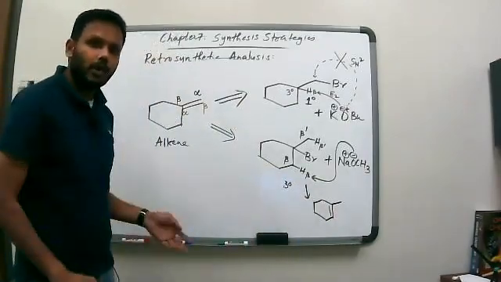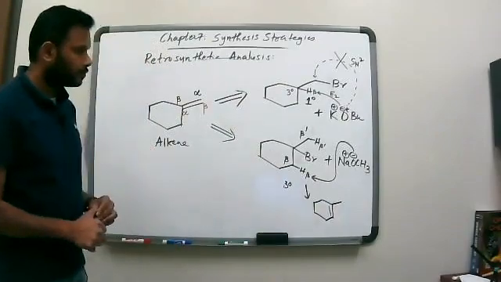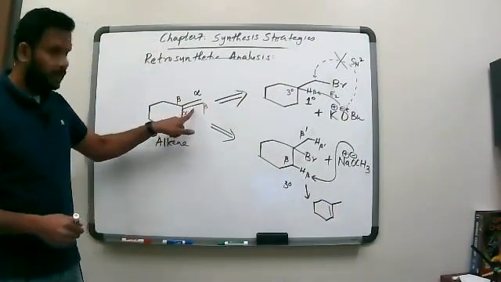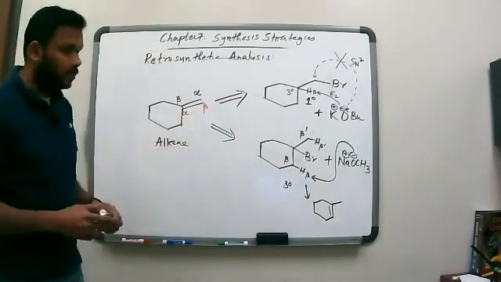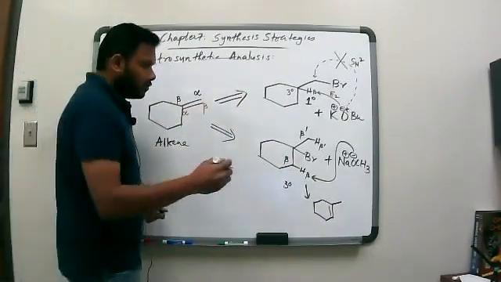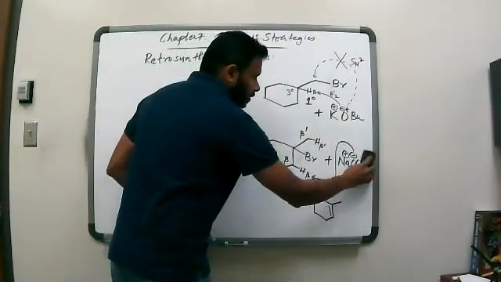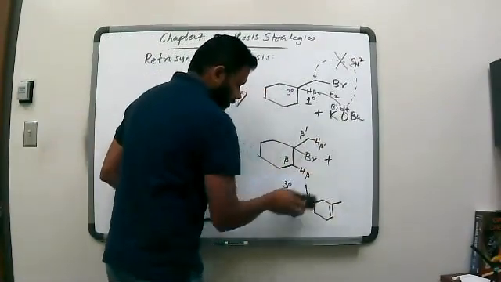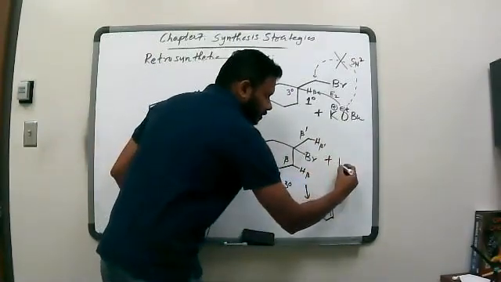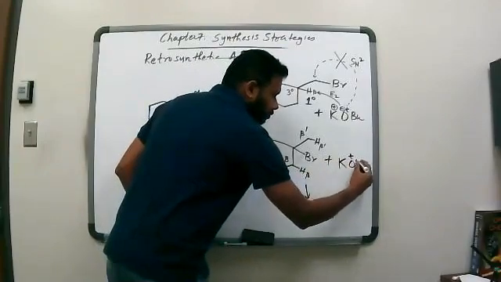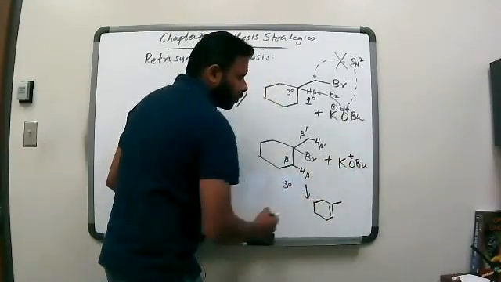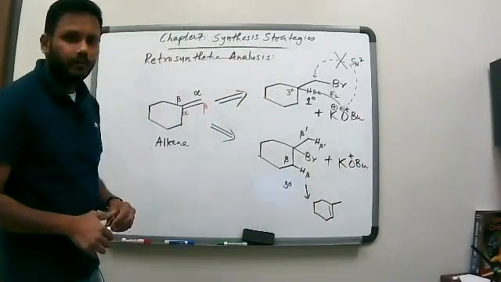That would be our product. That's the Zaitsev product. But what we want is this less substituted alkene. So how do we do that? We will not use sodium methoxide. Instead, we are going to use potassium t-butoxide, a bulky base, because we want a Hofmann product.